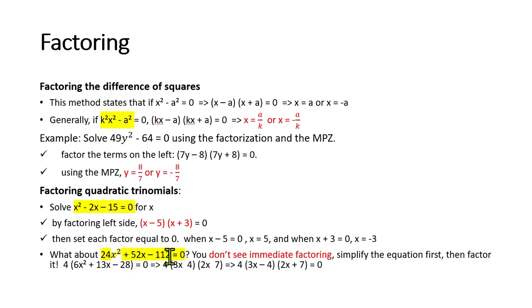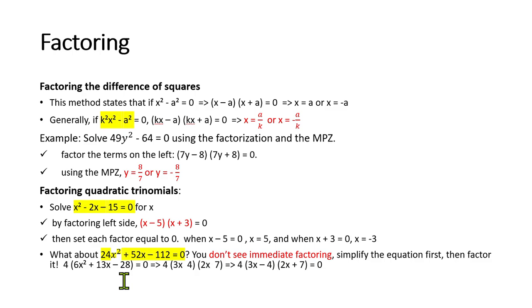Then set each factor equal to 0, and then you can solve. So x minus 5 equals 0, then x equals 5. x plus 3 equals 0, x equals minus 3.